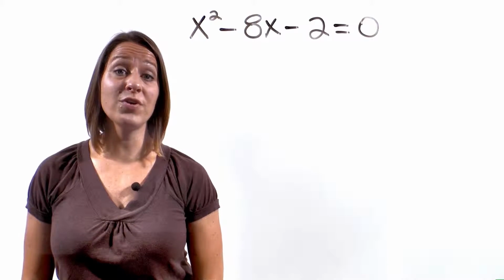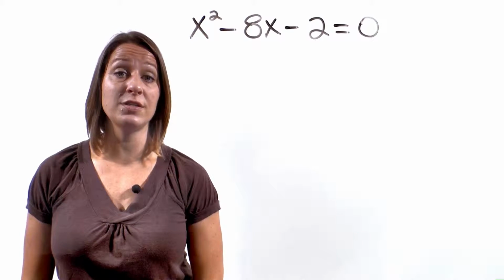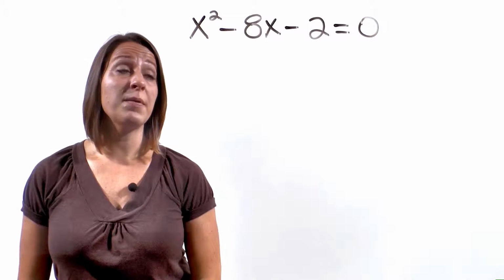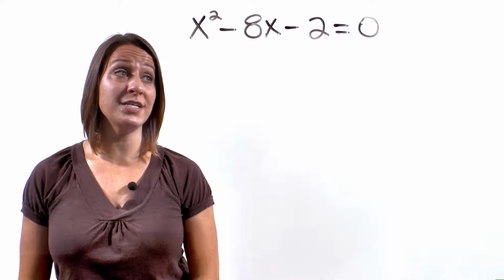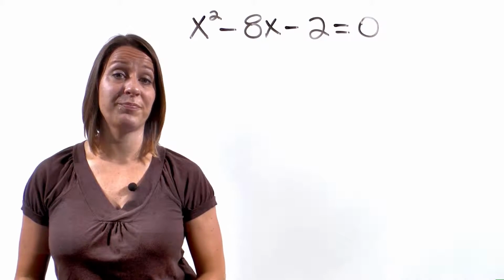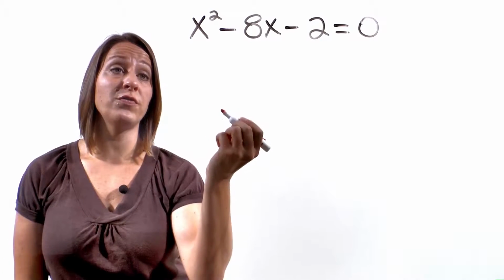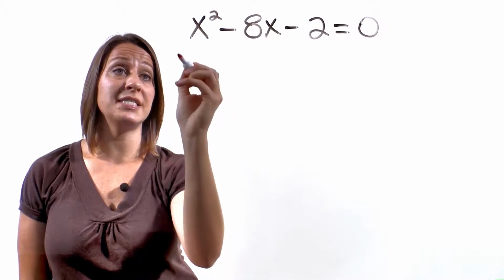Okay, let's try one more example using the completing the square method. Let's take a look at x squared minus 8x minus 2 equals 0. And remember the letters that go with our coefficients when the problem is in descending order.